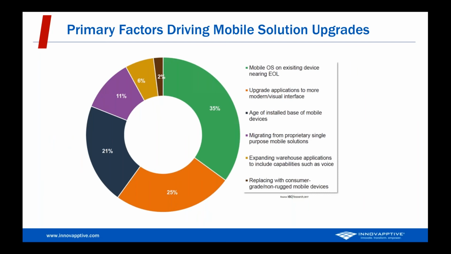So some companies have started to recognize the changes that are going on and have started to respond. This chart shows the main reasons why companies are planning on changing, from recent research done by VDU. 35% of companies said that their mobile operating system on devices was near end of life. 25% said that they needed to upgrade applications to a more modern consumer interface, and 21% said that the age of the install base of mobile devices was a concern for them.